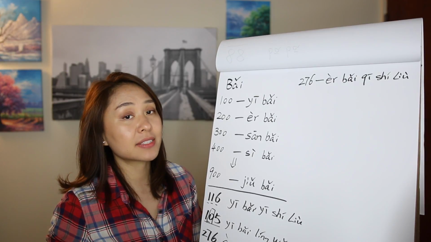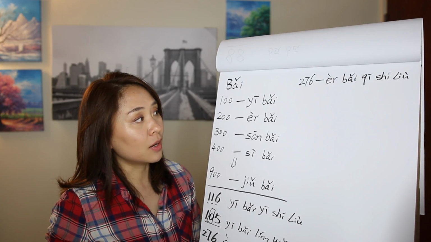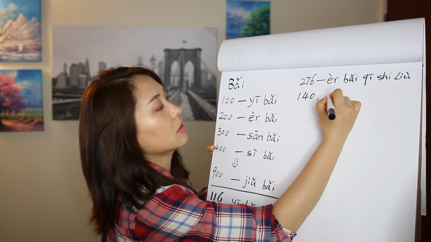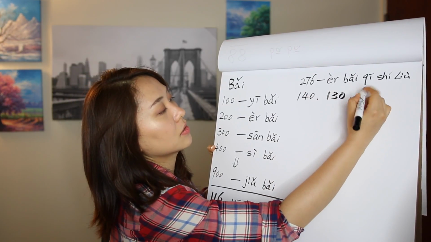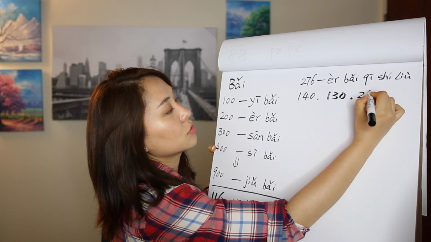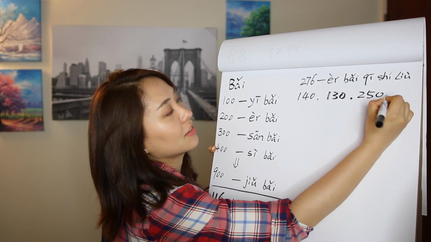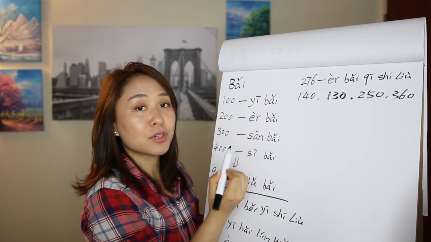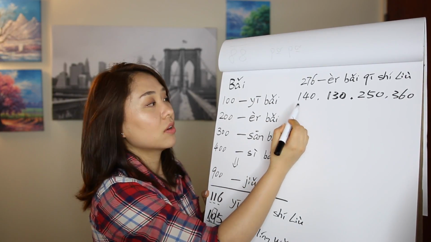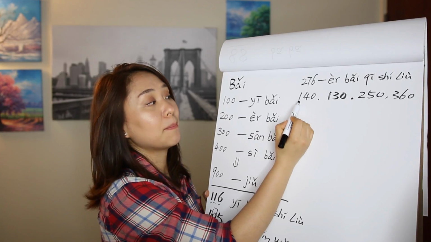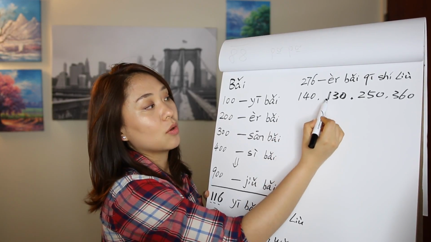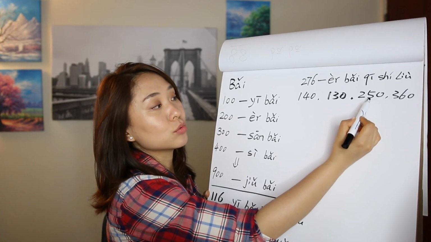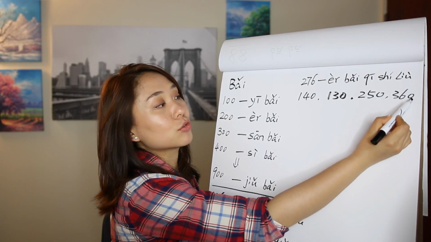Now we have an exception here, which is numbers like 140, 130, 250, 360, the numbers that end with 0. 140, so that's 140. 130, 130. 250, 360.